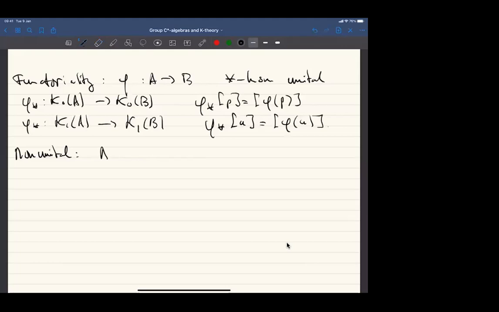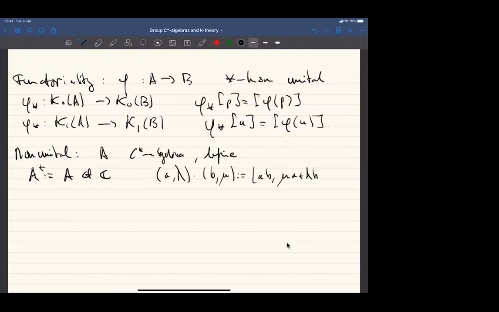If A is a C-star algebra, then we define A plus, called the unitization, as a vector space, or as a set, to be A plus C, and we define the following multiplication on it: (a, lambda)(b, mu) = (ab + lambda b + mu a, lambda mu).